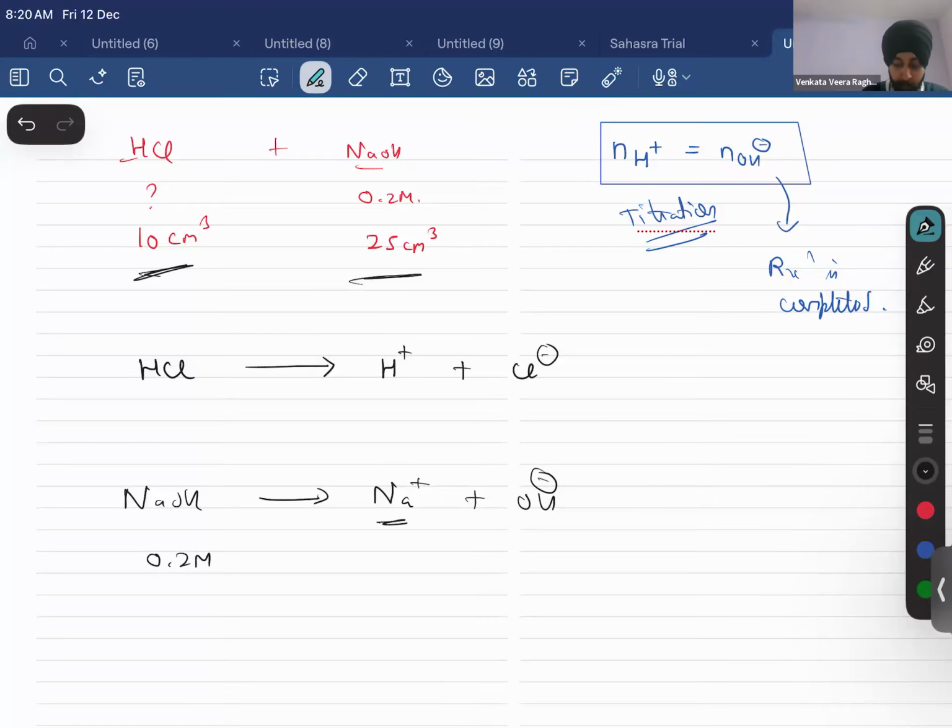So how much Na plus will you get and how much OH minus will you get? According to the stoichiometry, if they are getting broken down in the presence of water, how much Na plus ion and how much OH minus ion are you getting? Please tell fast.